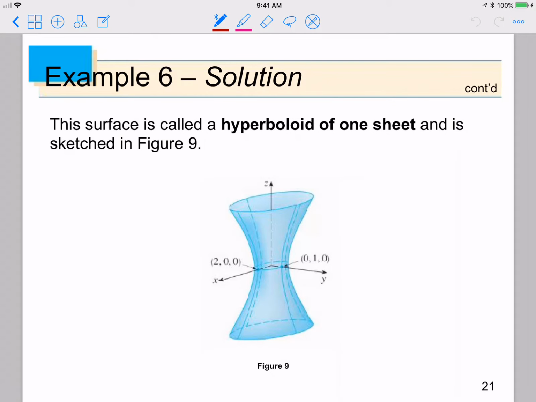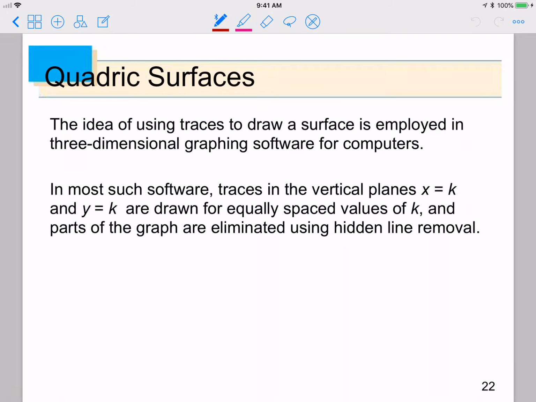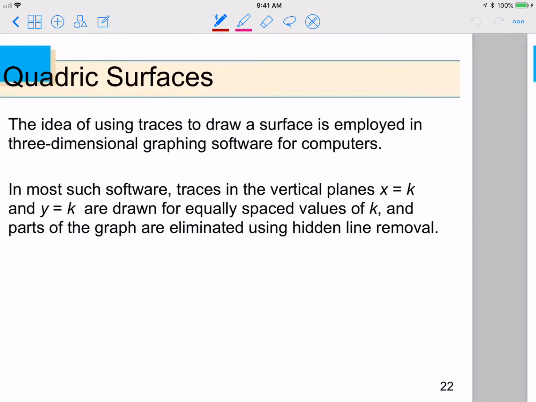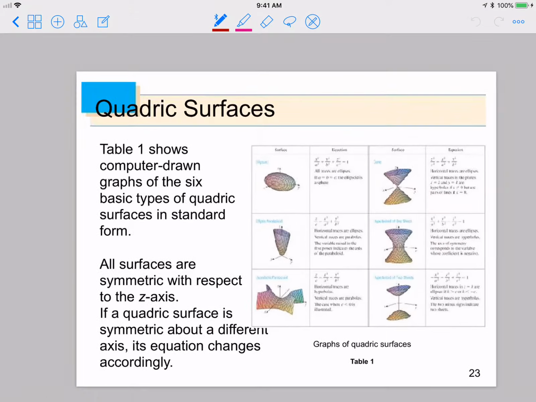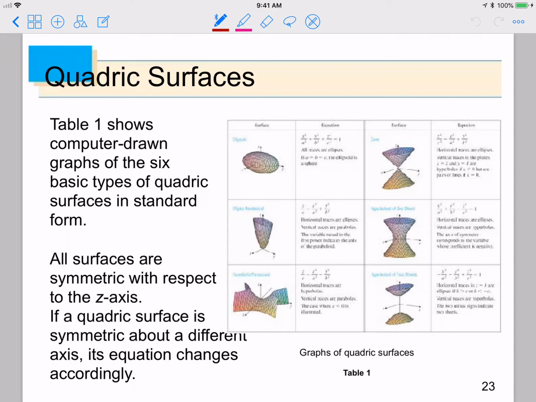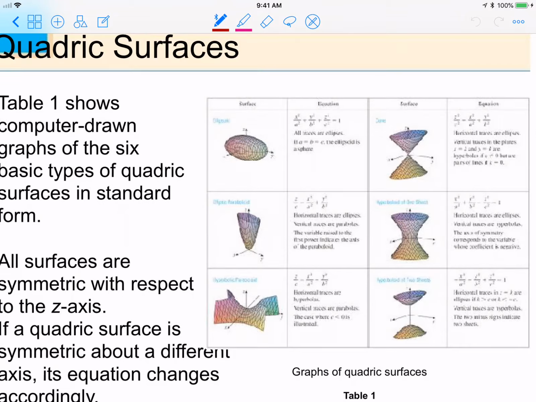Again, we're going to skip forward, and this is what we're going to be focusing on. This chart right here is in your textbook, because we're in 12.6. We're going to practice and learn how to draw these surfaces with Mathematica.